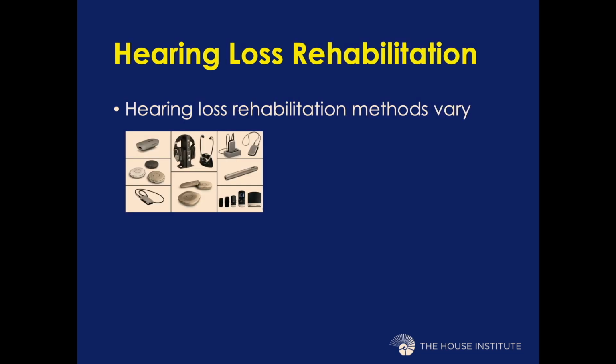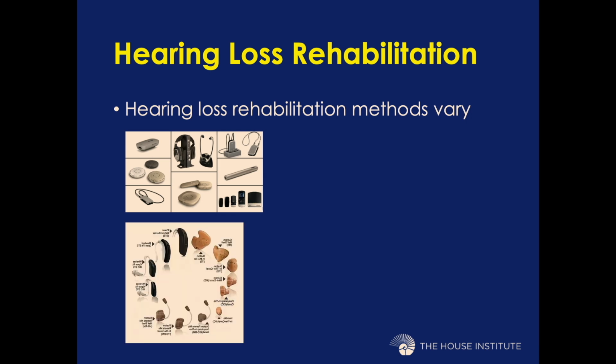I have no disclosures. So as we all know, hearing loss is very common. A lot of people have it, and we have different rehabilitation methods. These can vary from simple listening assistive devices, over-the-counter hearing aids, to more sophisticated hearing aid technologies, from simple behind-the-ear ones to completely in the canal ones.